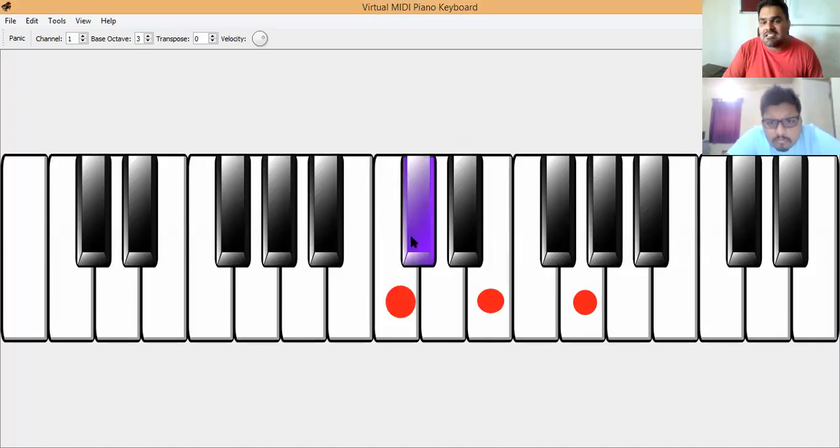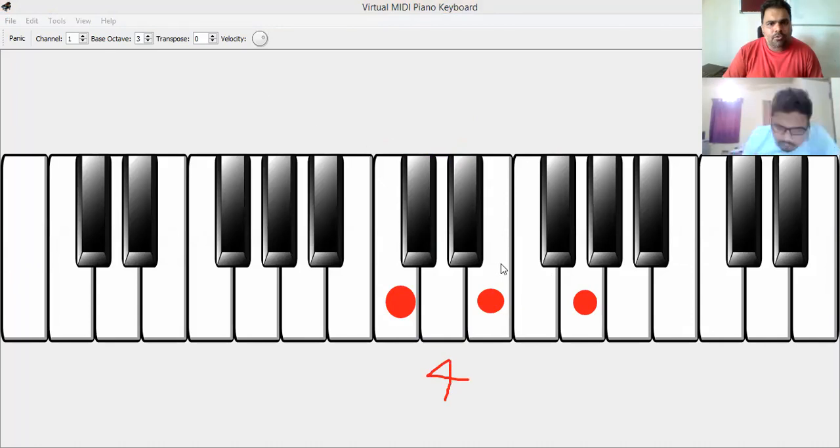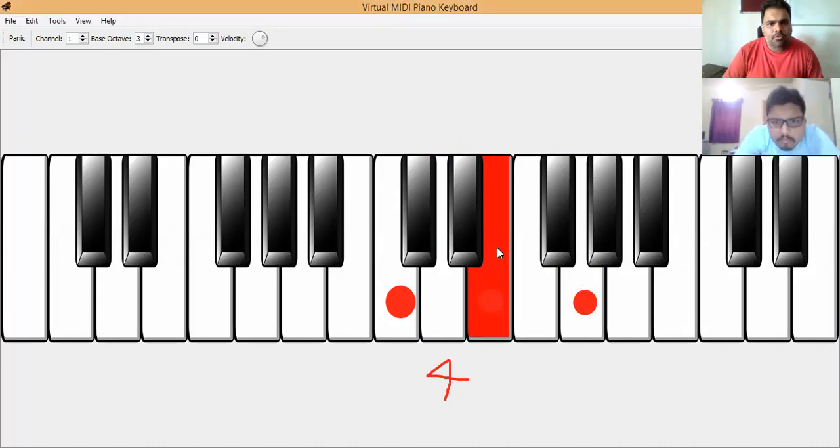If you count, this is one, that's the first semitone. One, two, three, and four. So altogether, there are four semitones from C to E. And if you look at E to G, count it: zero, one, two, three. Three.